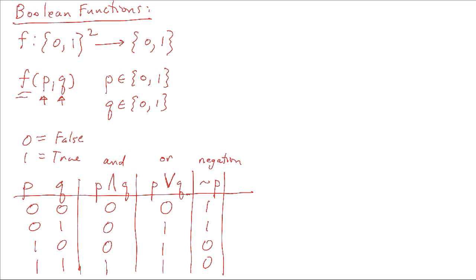And now I want to tell you about a couple of the important rules. In the last video I did De Morgan's rules and double negation. This time I'm going to do associativity and distribution. Okay? So the associative rules, they're pretty easy.